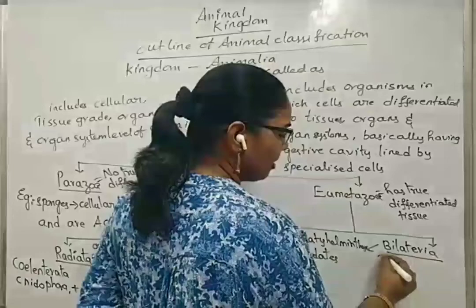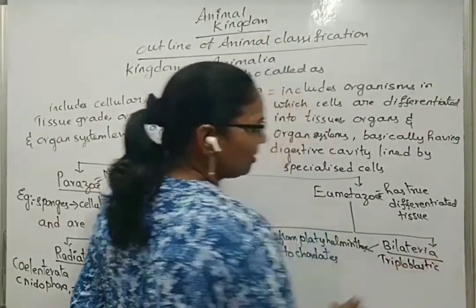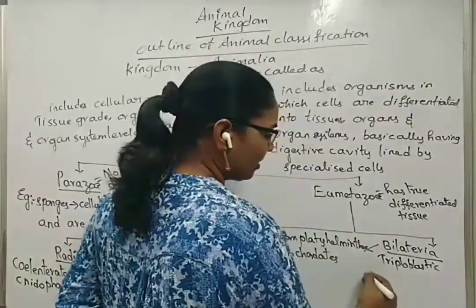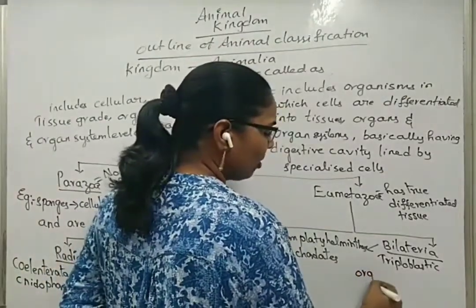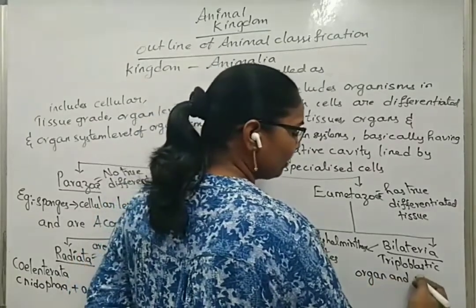In this we see organisms are triploblastic, meaning they have three germ layers developed into three different types of layers. And here we see organ and organ system level of organization.